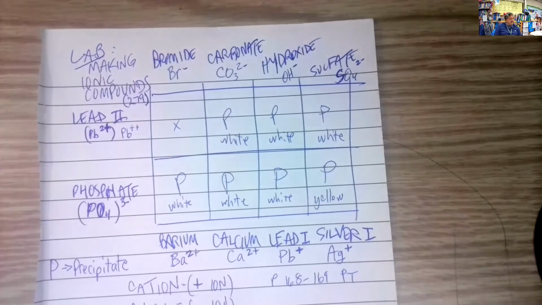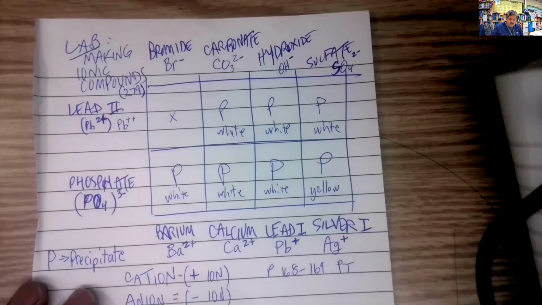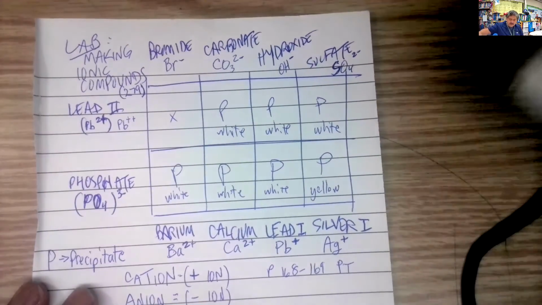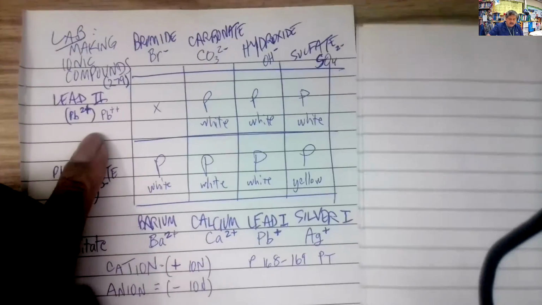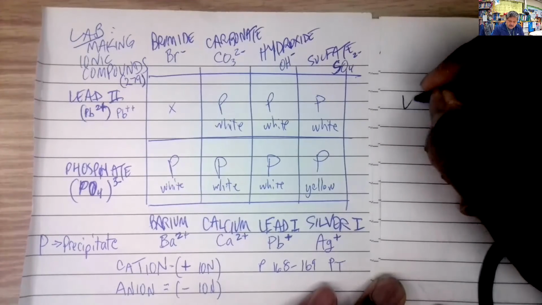All right, now the hardest part is number 3. For number 3, now that you've named it, what's the formula for it? Well, okay, so this one is lead 2 bromide. Let's do that as an example.